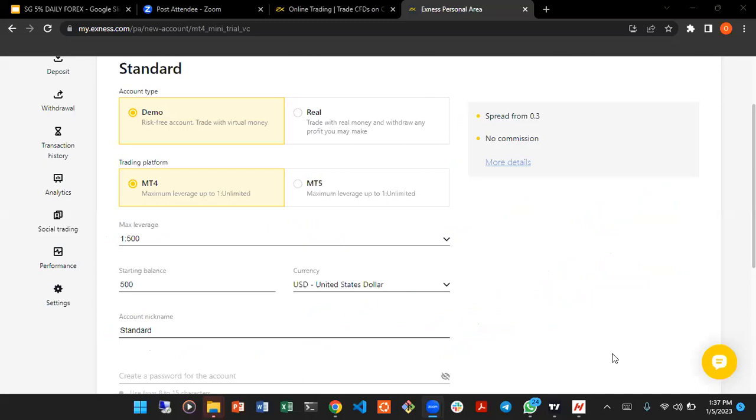Let me send something to the group so that you can understand what I'm saying. Everybody, open your MT4 on your phone, then go to where you have your balance. I'm also going to send a screenshot of my own to the platform so that you see what I'm talking about.